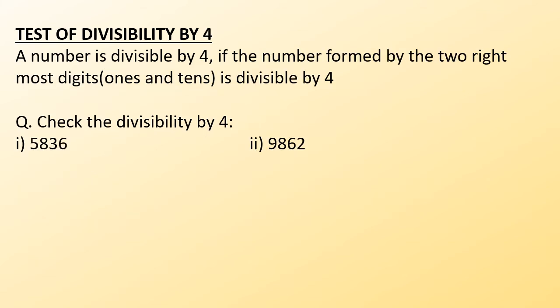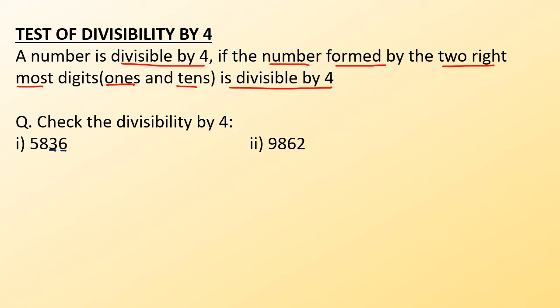To check the divisibility by 4, we check the number formed by the two rightmost digits, that means the digits at the ones place and tens place. If the number formed by these two digits is divisible by 4, then the whole given number will be divisible by 4. Let us check the divisibility by 4 in the given numbers. First number is 5836. Here we have 6 at the ones place and 3 at the tens place.